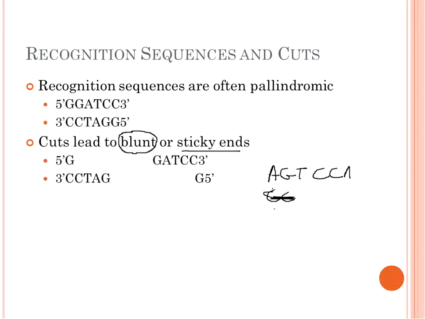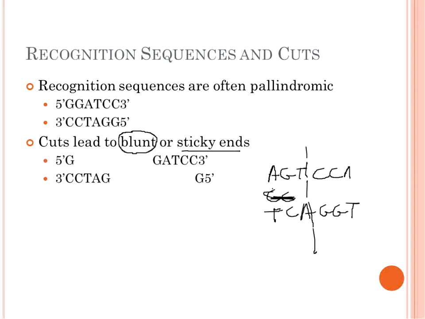Anyway, this would be T, C, A, G, G, T, and it would literally cut it right in the middle. So that would create blunt ends.